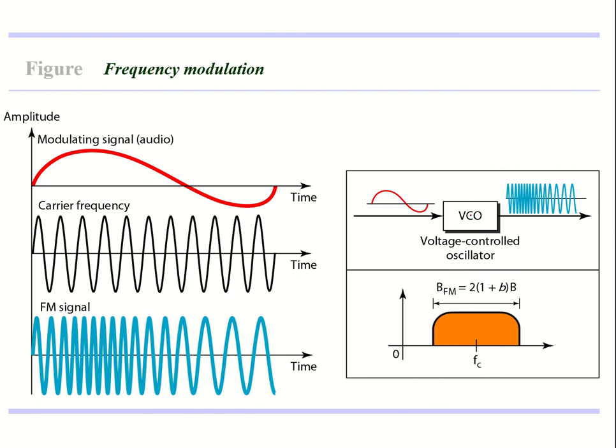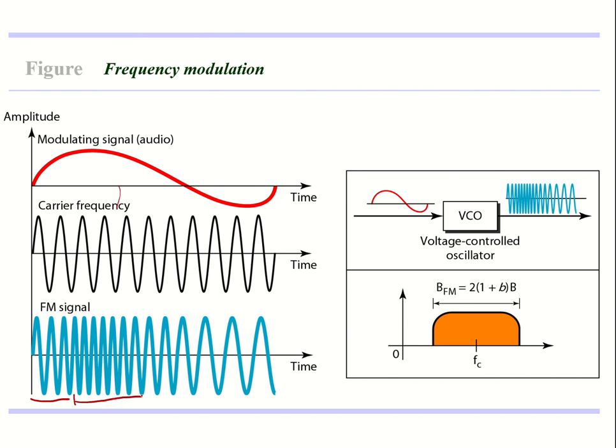We have a voltage controlled oscillator here, which changes the frequency. The input is the message signal, and you have a carrier frequency. The carrier signal frequency will change according to the amplitude. For example, here you get positive 1, so you get one amplitude and one frequency. Here the amplitude is changing, so you get a different frequency.